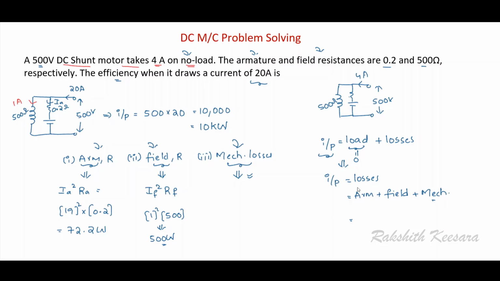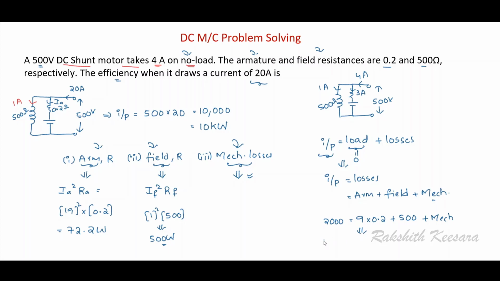Now here, if the field current is 1 ampere, armature current will be 3 ampere. Armature loss is 3 square is 9, 9 into 0.2, plus field loss will be 500 watt, plus mechanical loss. This we should calculate. And what is the input? 500 into 4, that is 2000 watt.